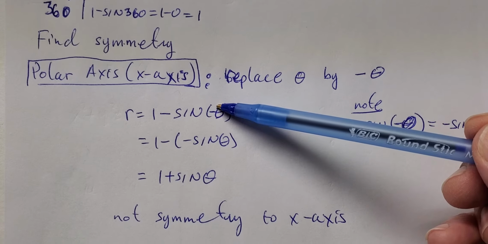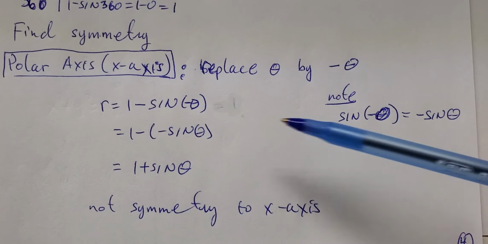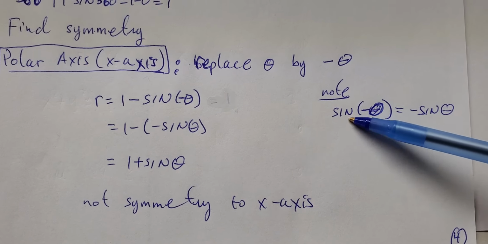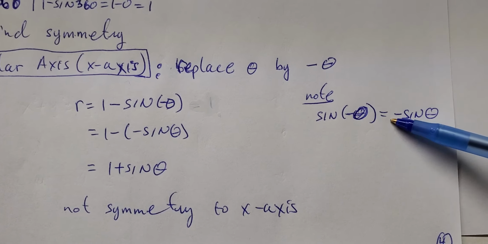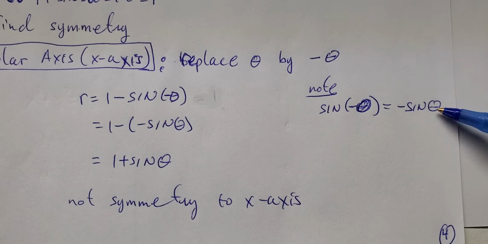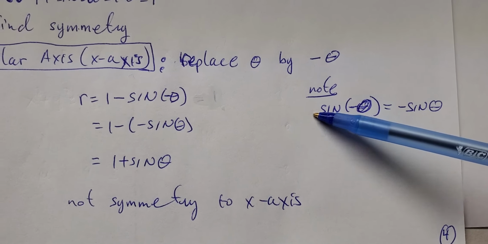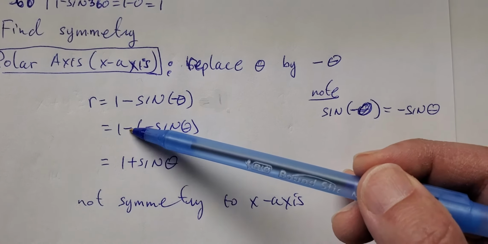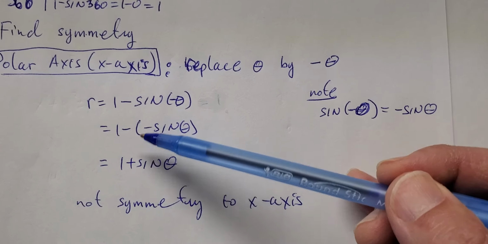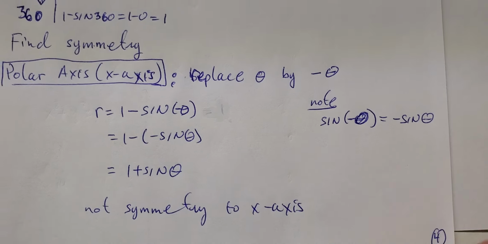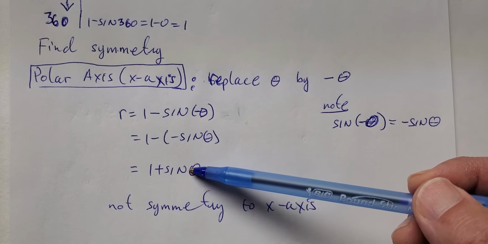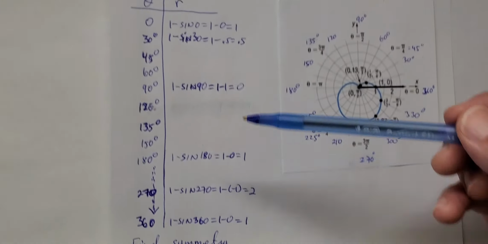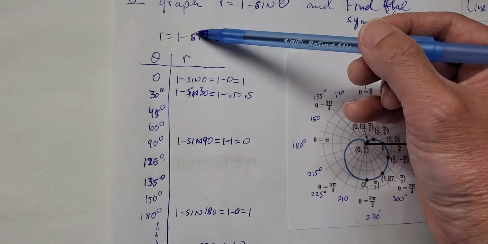Okay, negative theta. Well, we know that sine of negative theta is negative sine of positive theta, because the negative goes outside. So replace it. There's the negative outside, however, I have another negative. So negative negative gives me plus. Okay, now this is our answer. However, our original problem is this.